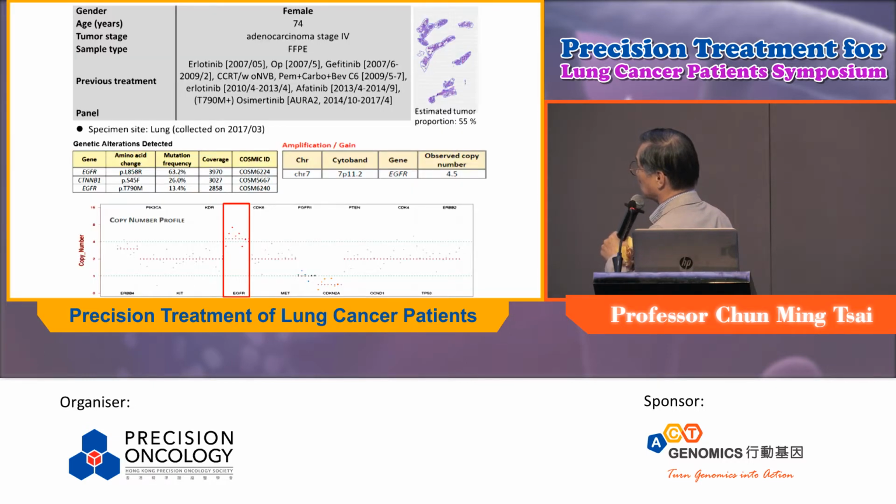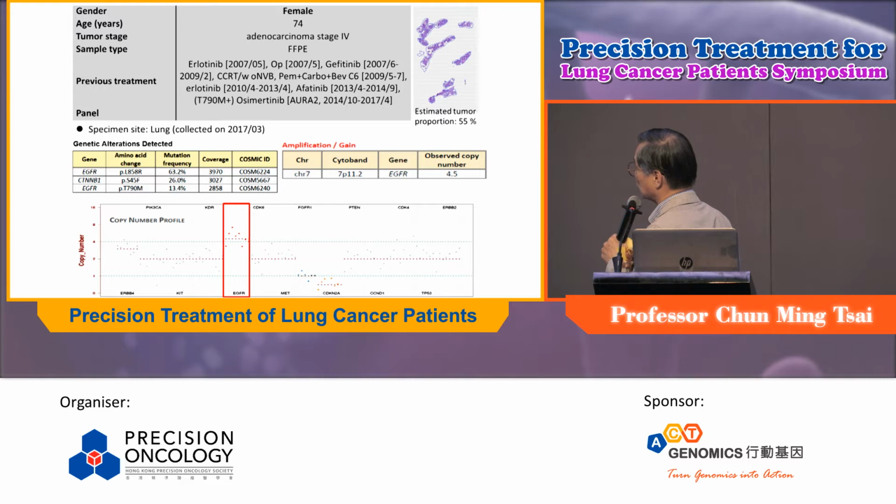And this is another old lady who was diagnosed with non-small cell lung cancer 12 years ago. After operation and relapse, she got erlotinib neoadjuvant, followed by surgery.